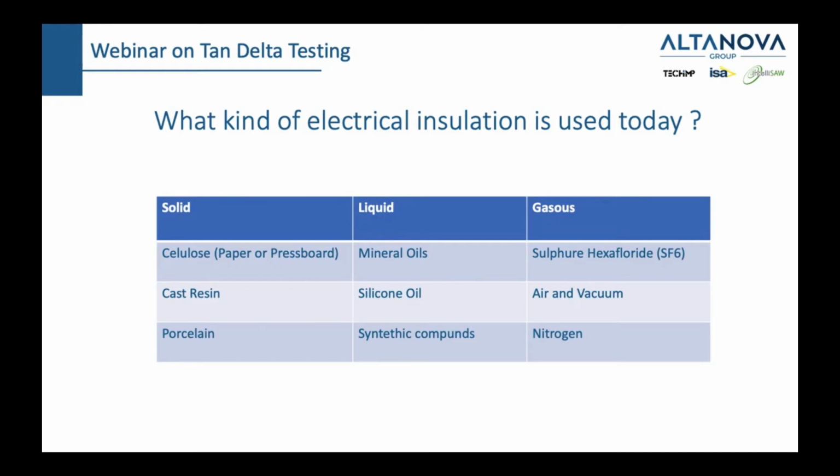Apart from that, we also have the chance to use liquid insulation like mineral oils, silicone oil, which is more expensive than the mineral oil, and all types of synthetic compounds, which are usually used with power transformers to insulate and also cool down the transformer, the windings, the core, etc. And then we have gaseous insulation, for example, very often sulfur hexafluoride, used since the 1930s, air and vacuum, or nitrogen.